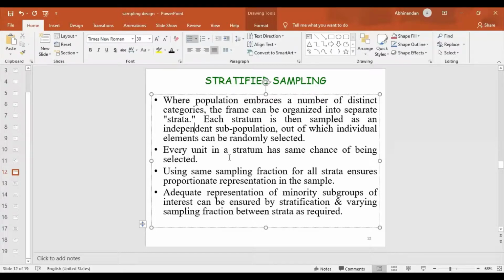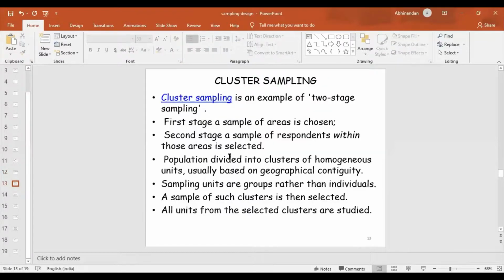First you have to divide, then select samples. And the next one is cluster sampling, which is similar to the previous one. Cluster sampling is an example of two-stage sampling. In the first stage, you choose an area, and in the second stage, you select the samples on the basis of random.